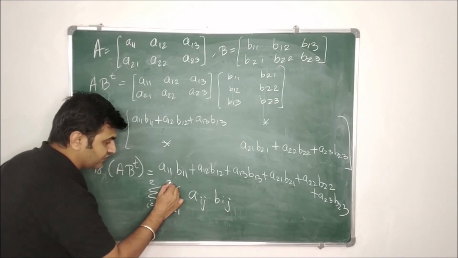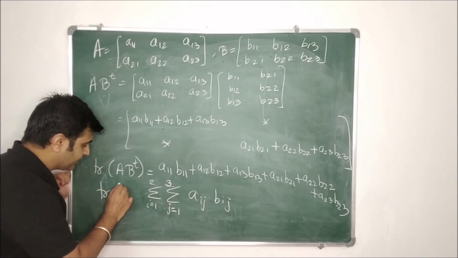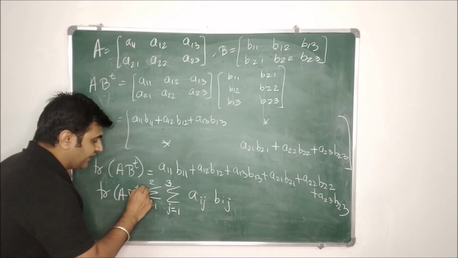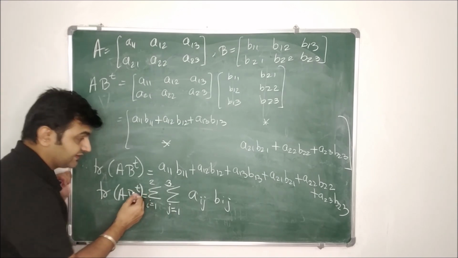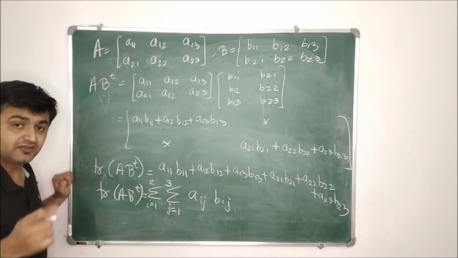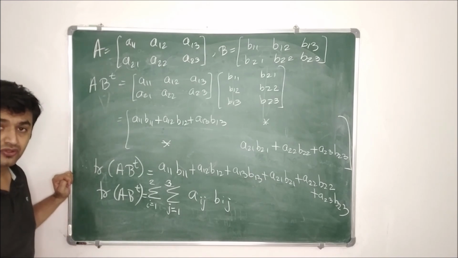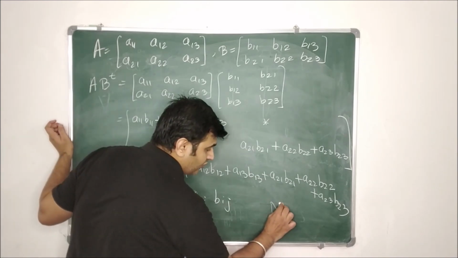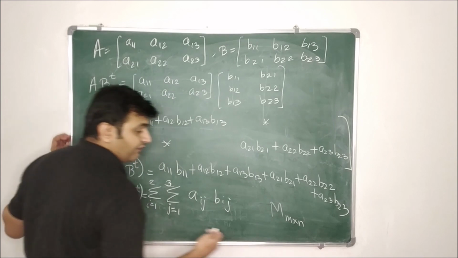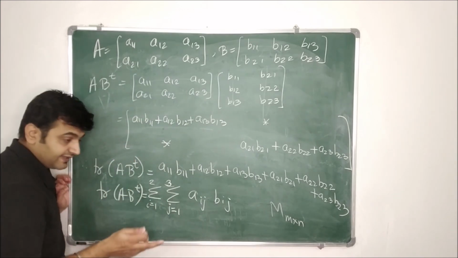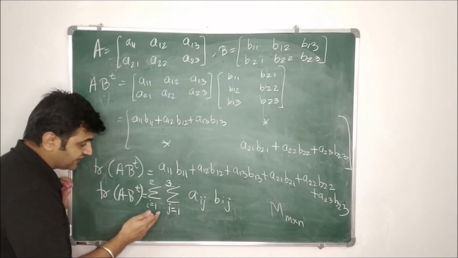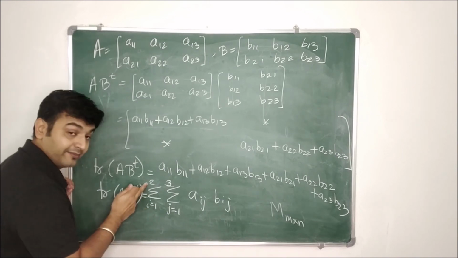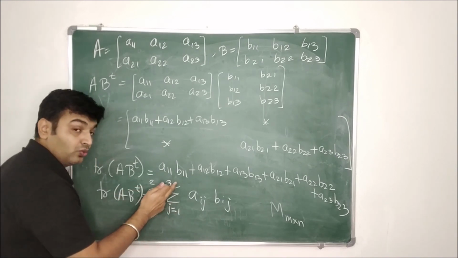You can write it as a double summation. This is what our trace is when we are in the world of 2 by 3 matrices. My suggestion is that you try to prove the same thing for m cross n. When you're in the world of matrices of order m cross n, the trace will have i going from 1 to m and j going from 1 to n.